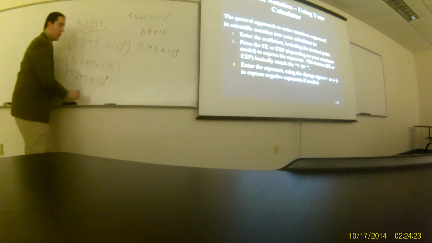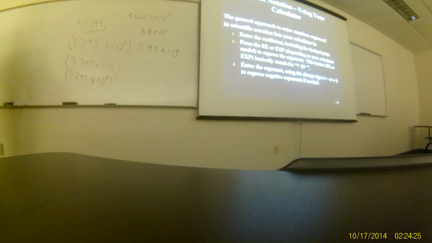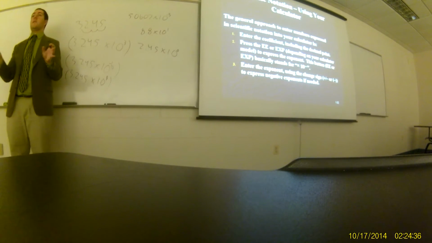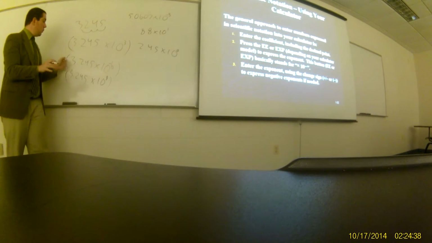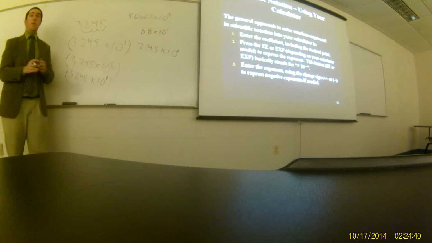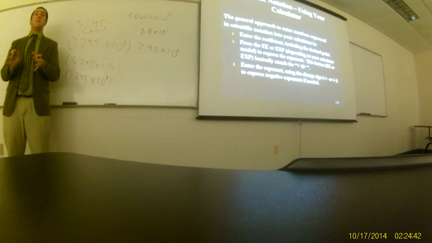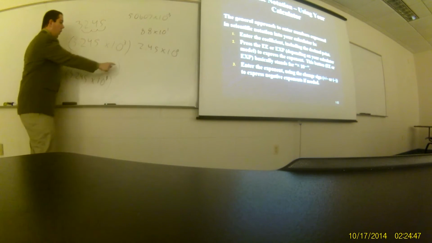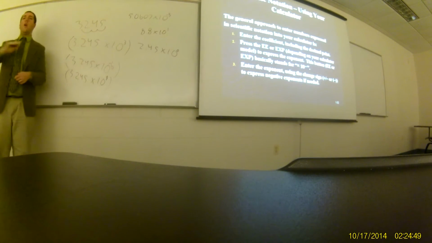If you don't, your calculator is going to do order of operations incorrectly, and you are going to get a very wrong number. If you're comfortable enough with order of operations in your calculator and scientific notation to know when you do have to put it in parentheses and when you don't, that's fine. Unless you are 100% confident in yourself, if you always put it in parentheses, it will always work out fine.